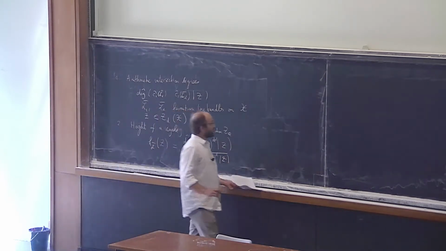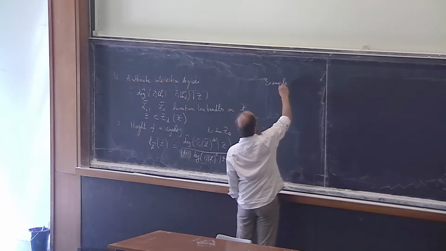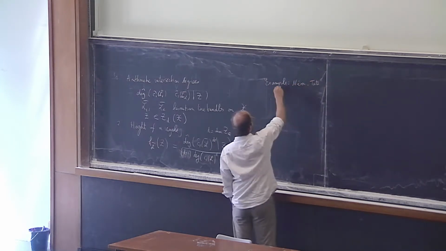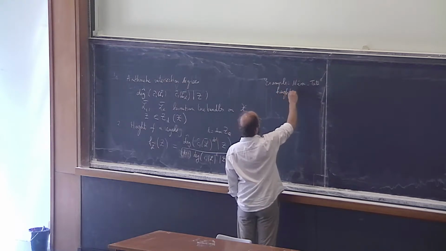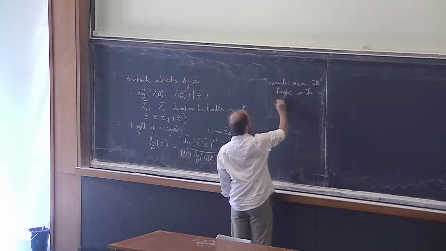And I have given examples. For example, the Néron-Tate height in the good reduction case.